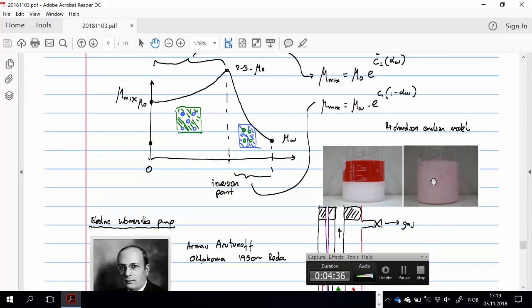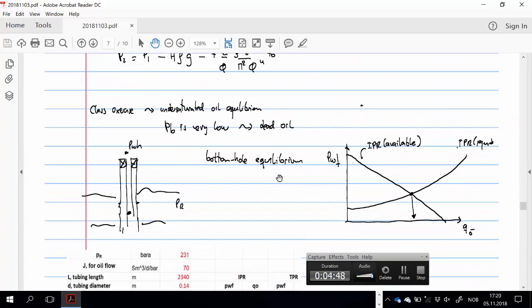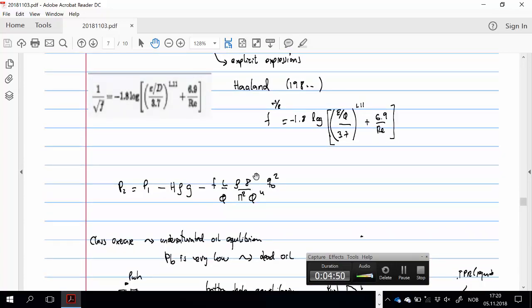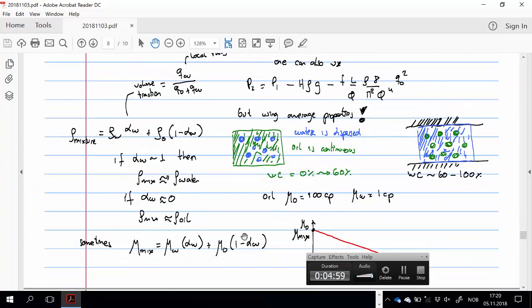You have the mixing, strong mixing, you create a very strong mix like mayonnaise, okay, and then it's very difficult to flow in the pipe. But this approach, just using this simple equation, is very useful. You sometimes can use it to model that case, okay, when you have wells that have a lot of oil and water, almost very little gas.